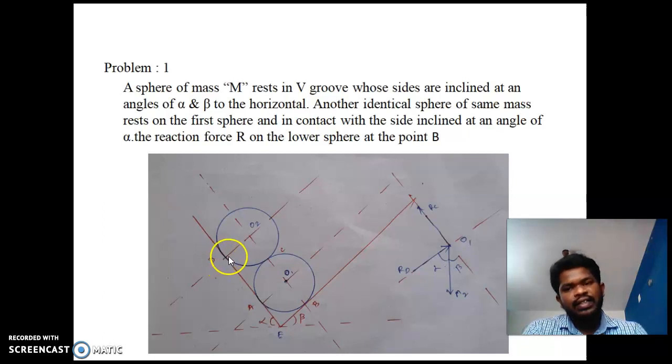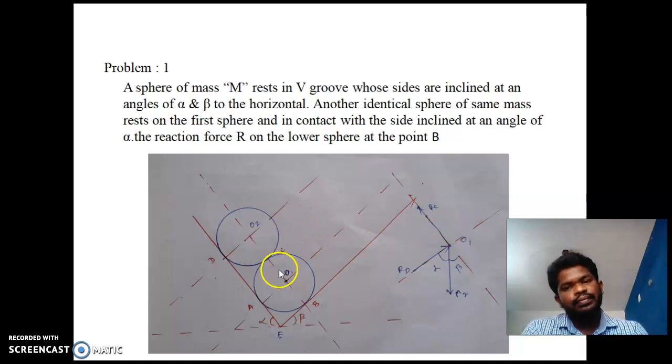Here, this point D, the surface of sphere 2 and the V groove surface are in contact. Point D is the contact point. At the contact point, the reaction force is developed perpendicular to the surface. So the direction is here.